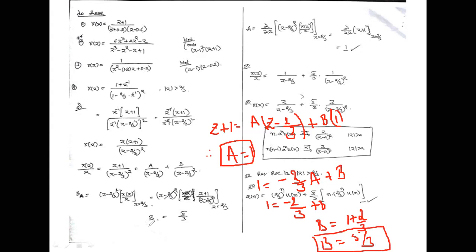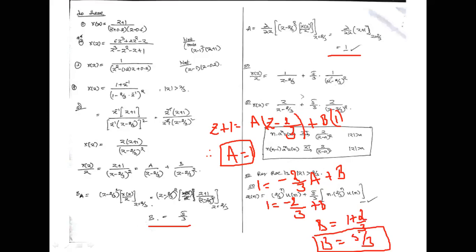Got it, my dear students? See here, b is equal to 5 by 3 and a is equal to 1. Now the equation x of z by z is equal to 1 by z minus 2 by 3 plus 5 by 3 into 1 by z minus 2 by 3 whole square. Got it?